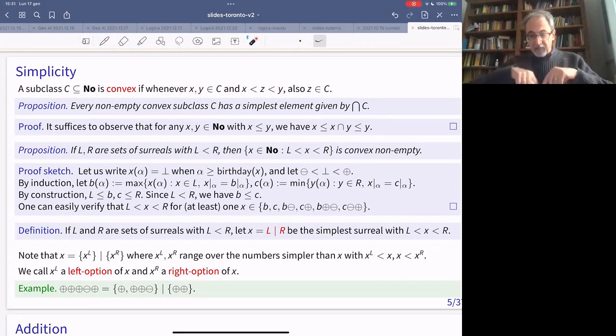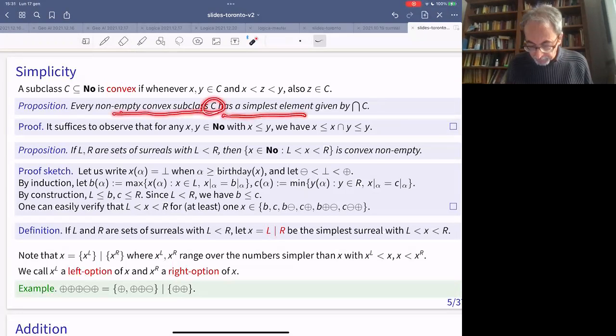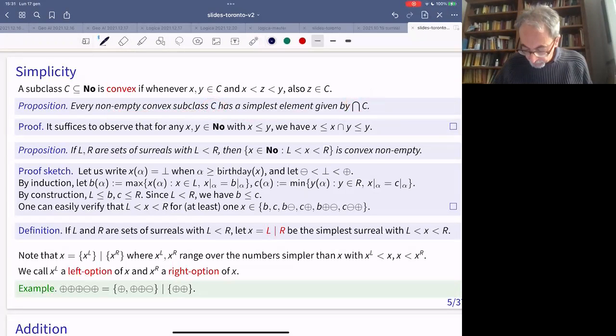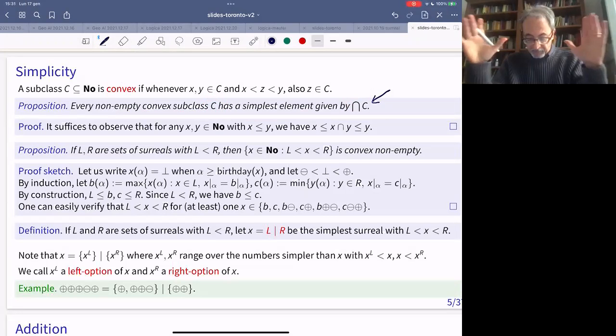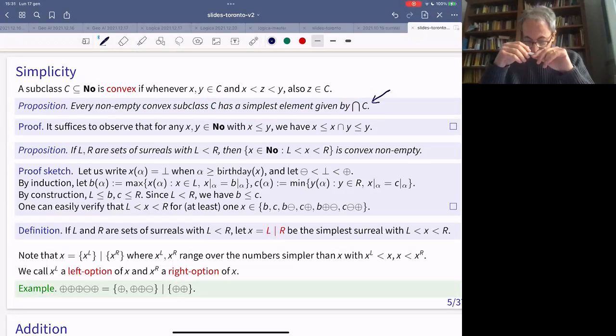You can take the intersection of the functions, in the sense of taking the intersection of the domains, and to prove that every convex subclass has a simplest element, you just take the intersection. This is an exercise, but it's not very important. The important thing is to know that there exists a simplest element in each convex class.